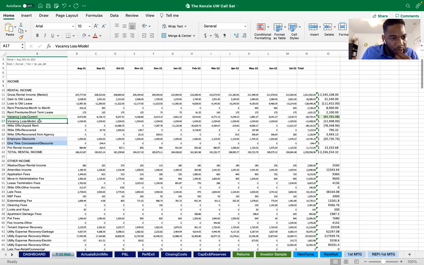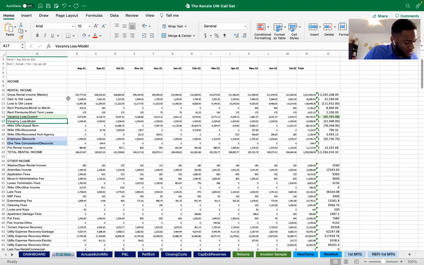I think this would be economic vacancy. So yeah, at first I was like, okay, this may be concessions, but I'm thinking this is going to end up being economic vacancy, guys.